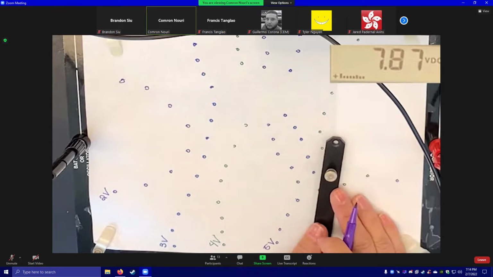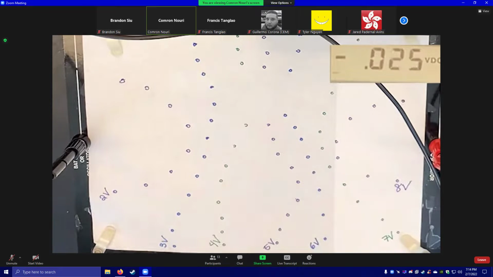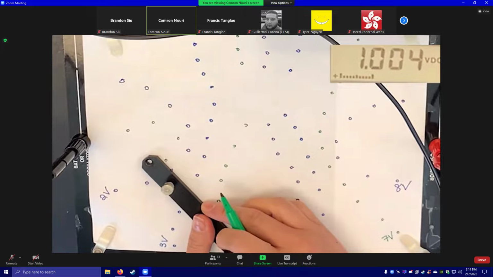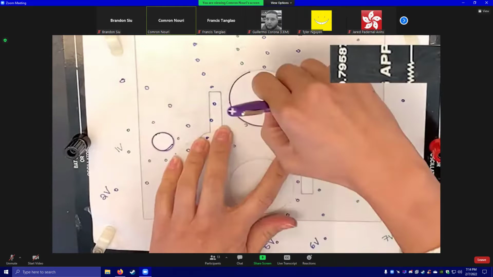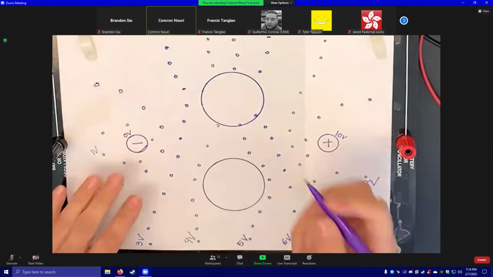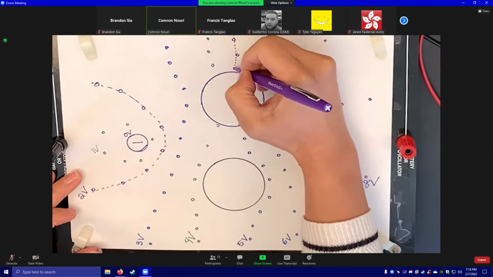These are 8 volt points. These are, I guess, 1 volt points. All right, so she draws these. It's in negative and positive, but there are 2 regions over there that caused these distortions.